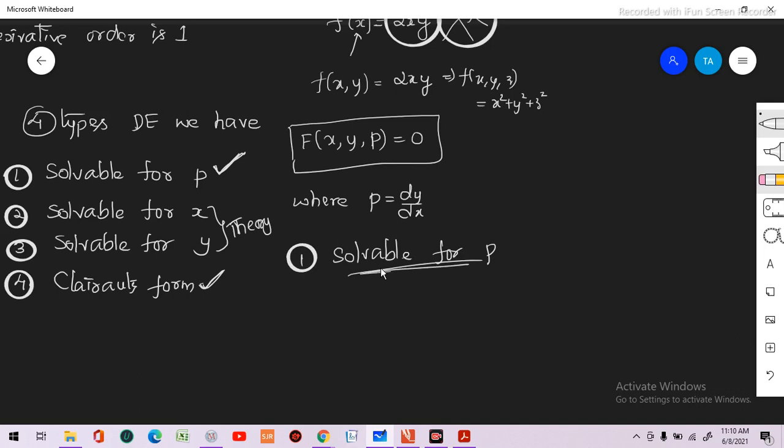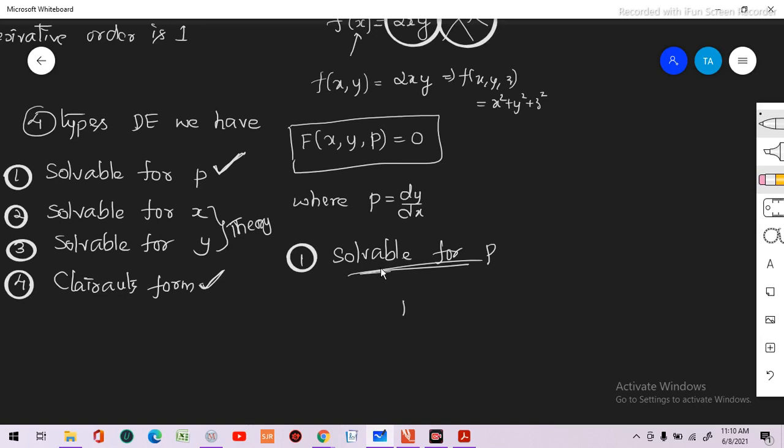What is solvable for p? See, any equation, any function they have given, if we are able to factorize it in terms of p, then we call that differential equation as solvable for p.